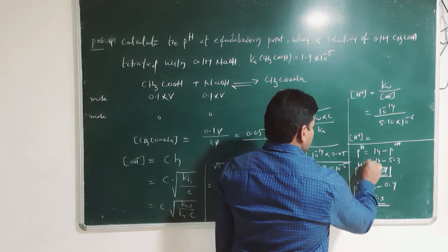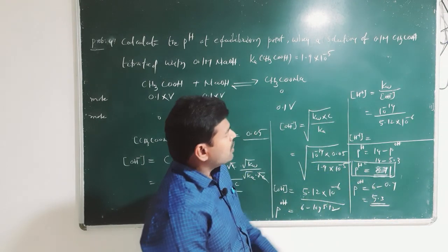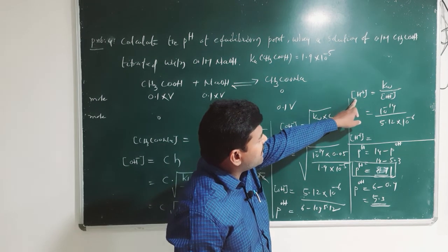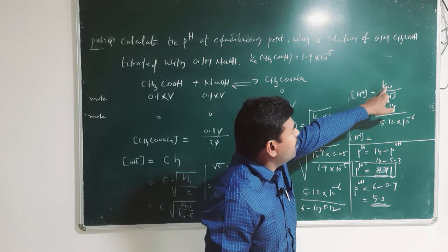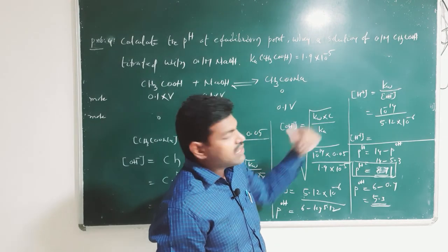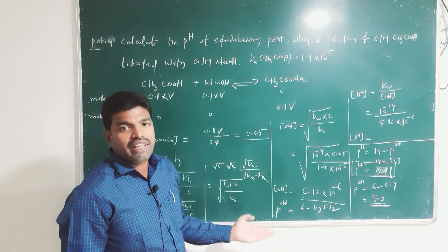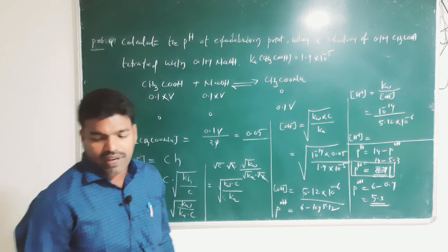So pH is 8.71. Okay, so we can calculate the concentration of H plus ions by dividing Kw with the concentration of OH minus ions. Then also we can get the concentration of H plus ions. Of course, from pOH also we can calculate the pH.